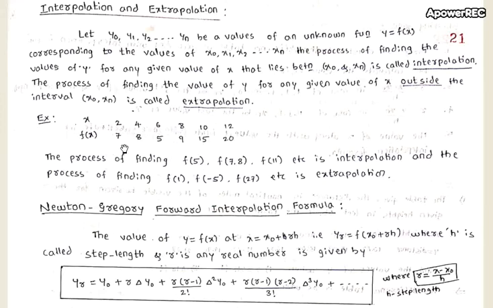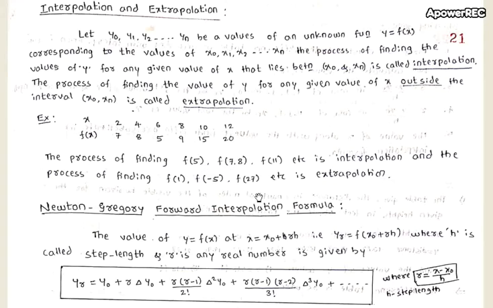Then f of x has 7, 8, 5, 9, 15, 20, etc. The process of finding the value of f of 5, f of 7.8, f of 11, etc. Here 5, 7.8, 11 are numbers which lie between 2 and 12. So in this region the values lie, and such a process is called interpolation.